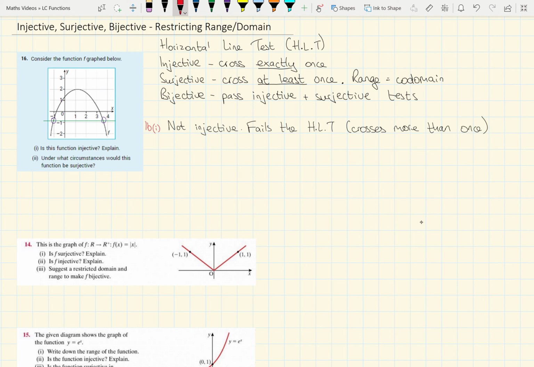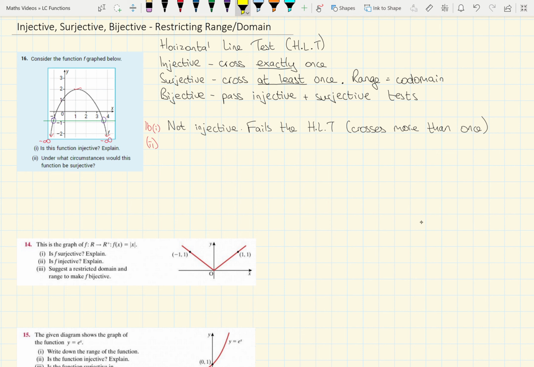Okay, and in part 2 now we're asked under what circumstances would the function be surjective. So for surjectivity, it's going to pass the horizontal line test, that's fine, it crosses at least once, and then it fails on our second condition, so the range must equal the codomain. So our range for this one on our y-axis, we see our maximum here is 2, and then it goes down to minus infinity.